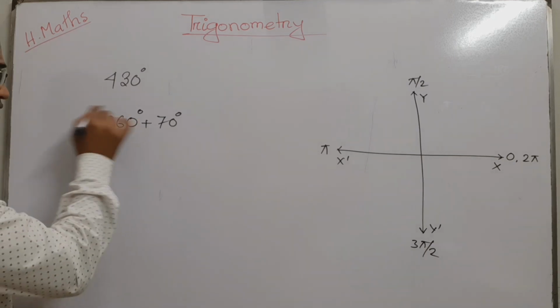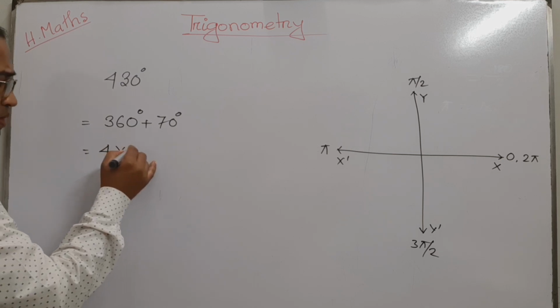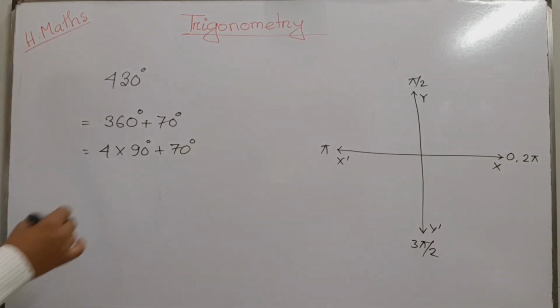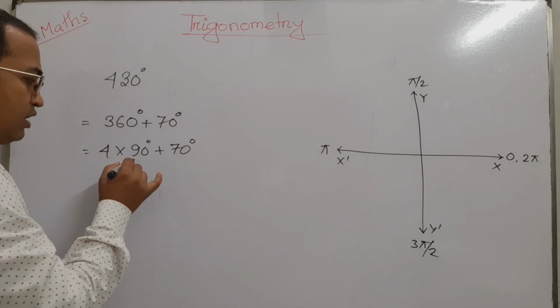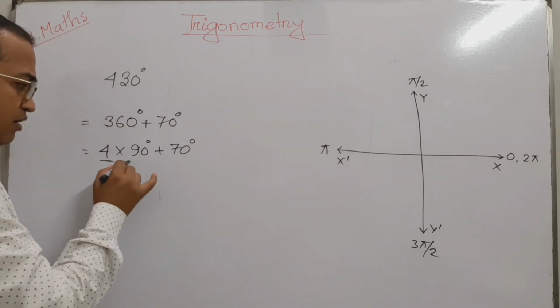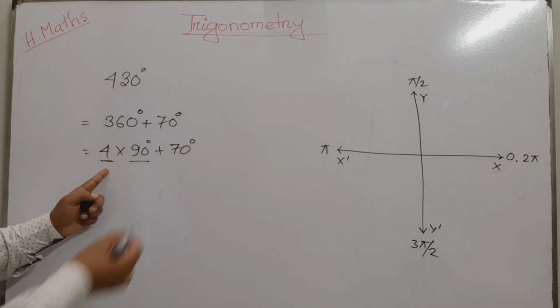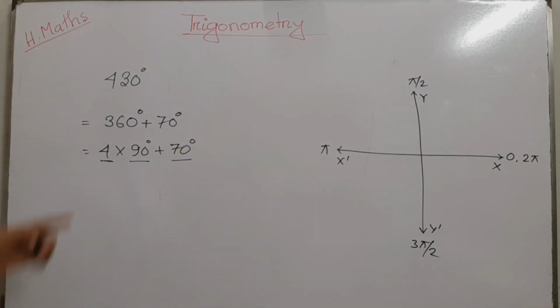Now this 360 degrees we can write as 4 into 90 degrees plus 70. That means if you want to find the location of 430 degrees, you should revolve the initial line 4 quadrants, and after that if you go ahead, you will get the location of 430 degrees.